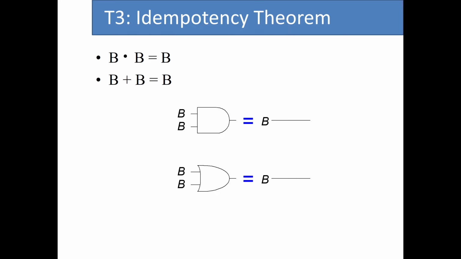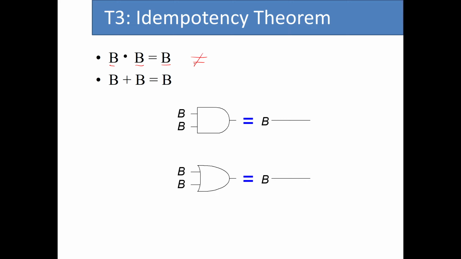Then we have the idempotency theorem, which states that if you AND a variable with itself, the output is going to be b. And that is one of the things that is different from regular algebra.